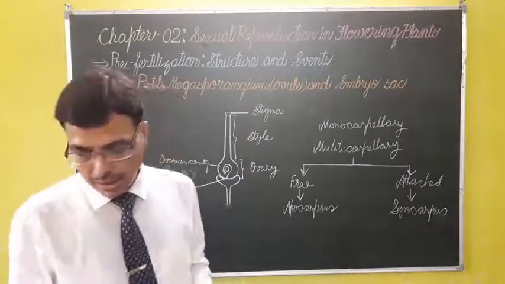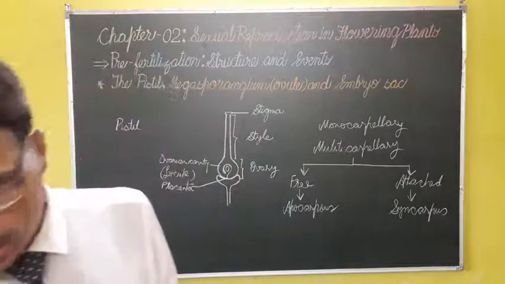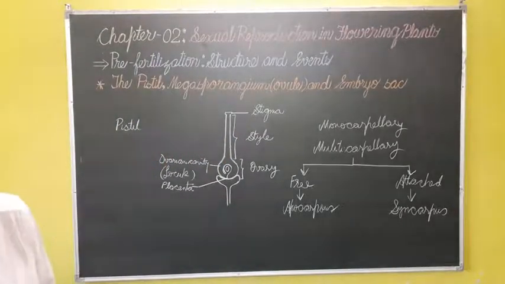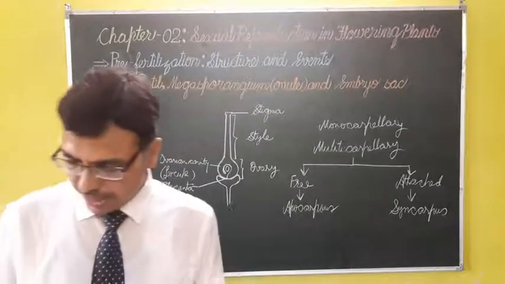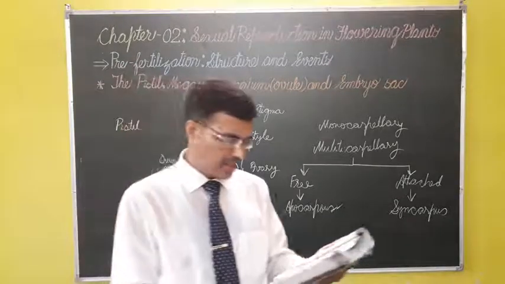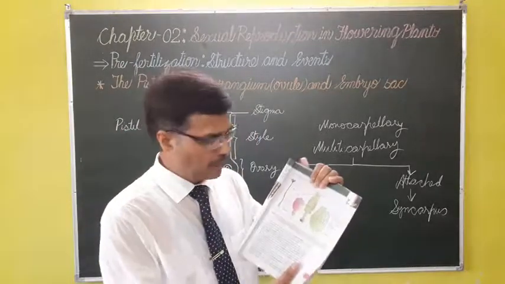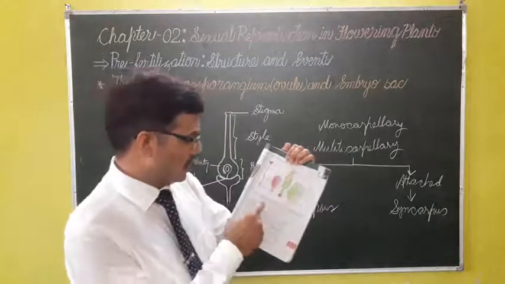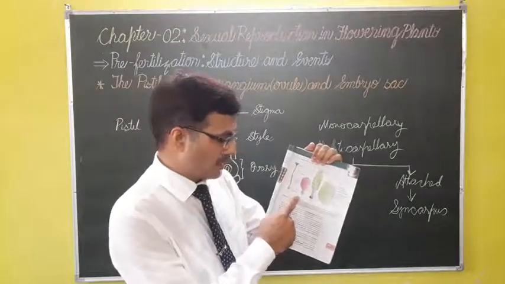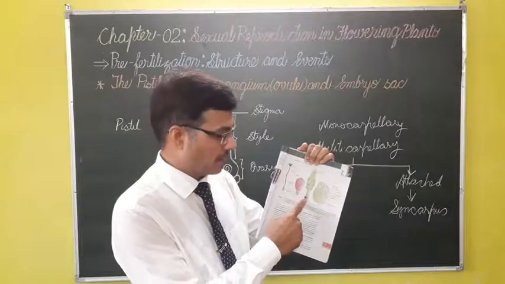Now students, in your NCERT book, on page number 25, many diagrams are given. In figure 2.7, part B and part C are given.